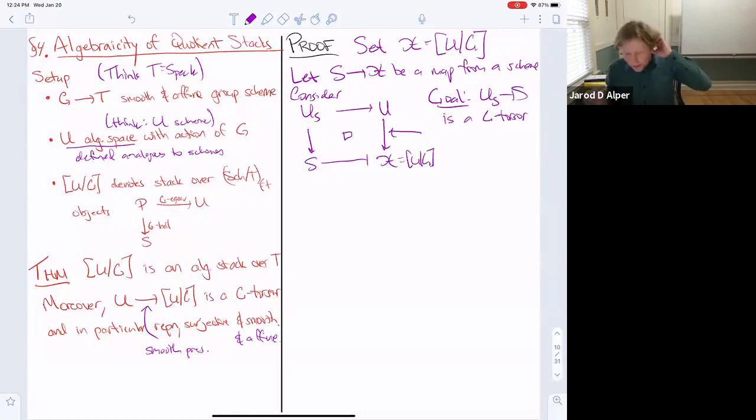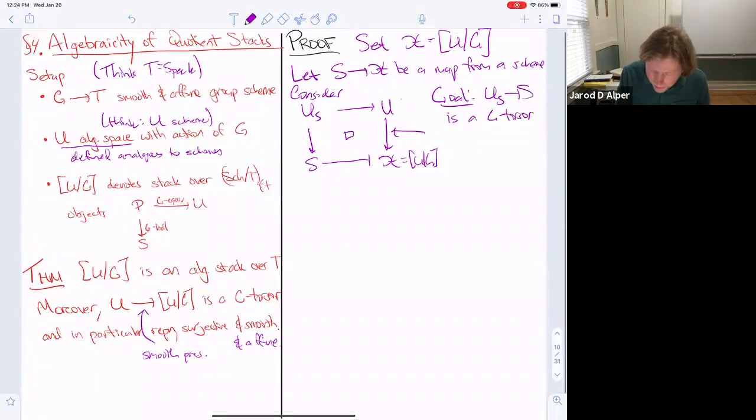But I think your point is that in the definition of a stack, I have a smooth presentation by a scheme, not by an algebraic space. And so if you like, if this is just an algebraic space, you can always find a further étale cover where that's a scheme. Does that answer the question?